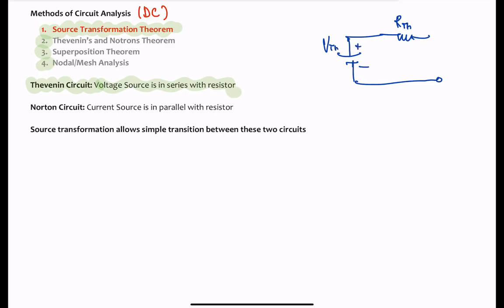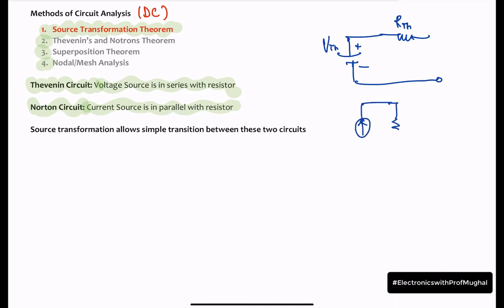Okay. The second one is the Norton circuit, where the current source is in parallel with a resistor. So instead of a voltage source, you have a current source here, and then it is connected to a resistance in parallel with it. And these are just open terminals right here.